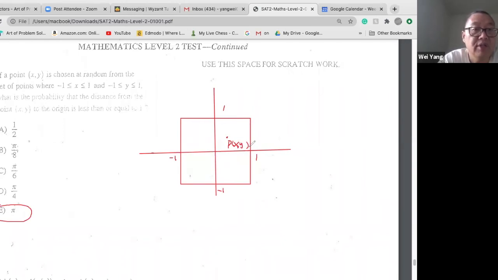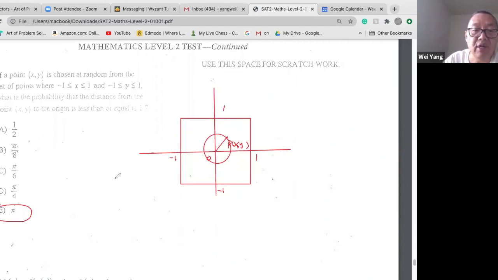What is the probability that the distance from the point to the origin, the distance from here to here, is less than or equal to 1? So that means you have a circle, something like this. Then you calculate the area of this circle over the area of the square.